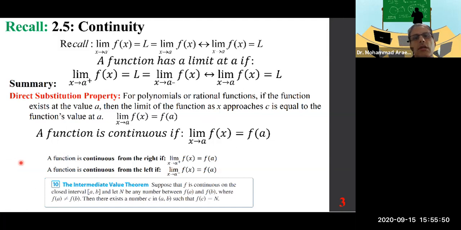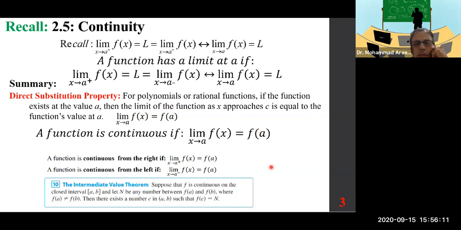Continuity tells us simply a function is continuous as long as the functional value and the limit are the same. So this is the bottom line. Every function is continuous in its entire domain as long as we can come up with a domain.